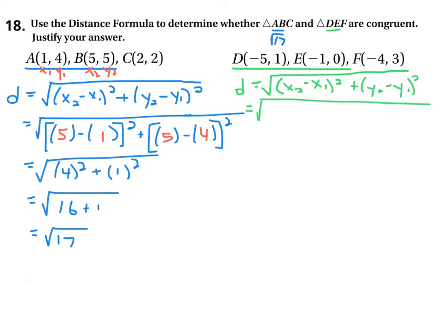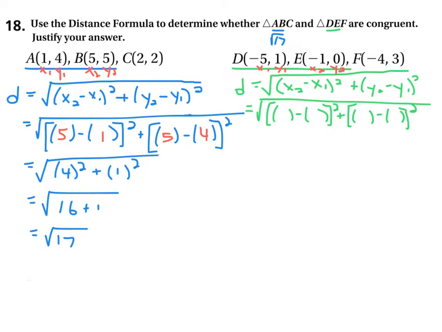Let's take those points and identify them in red. We can call this x1 and y1, and this x2 and y2.